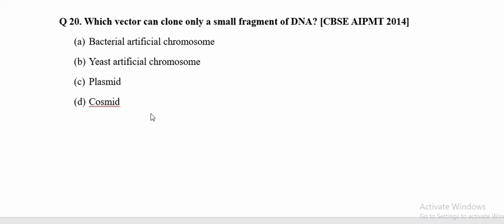For solving this question, we have to know the sizes of all these vectors. The bacterial artificial chromosome is 300 to 350 kilo base pair.